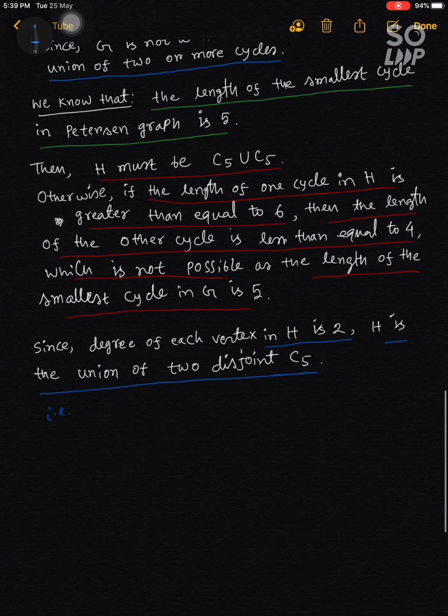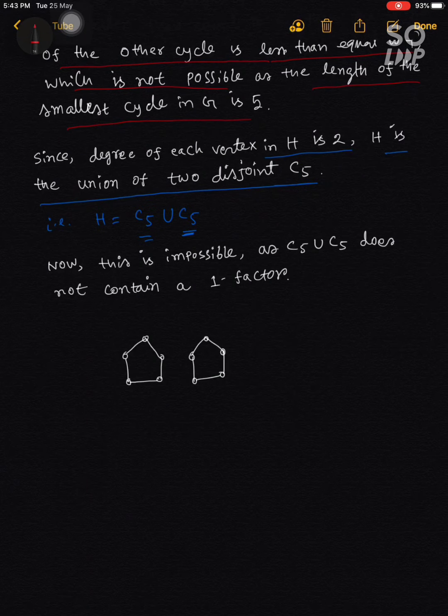That is, H equals C5 union C5, where each of these C5 are disjoint cycles. Now this is impossible as C5 union C5 does not contain a 1-factor.